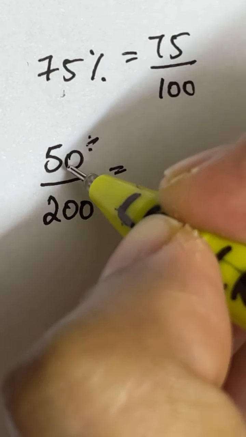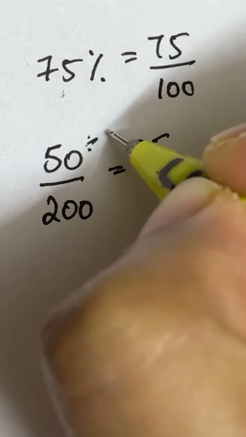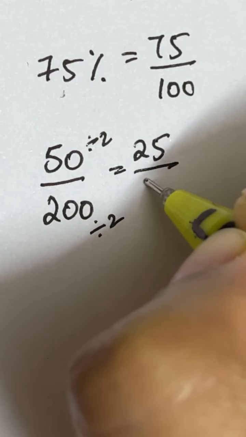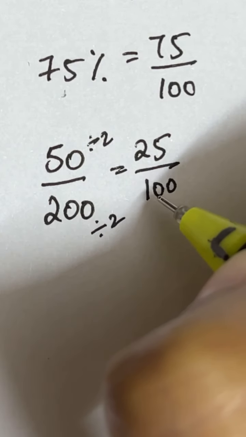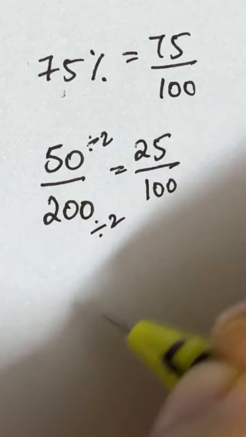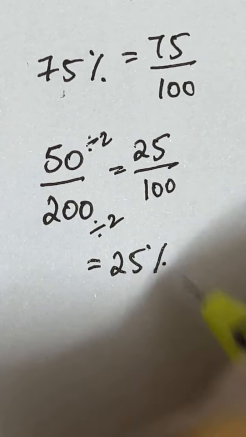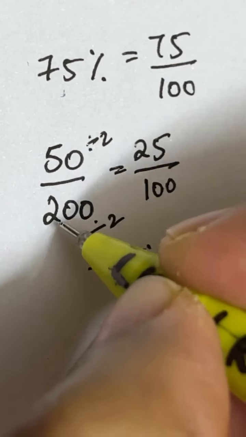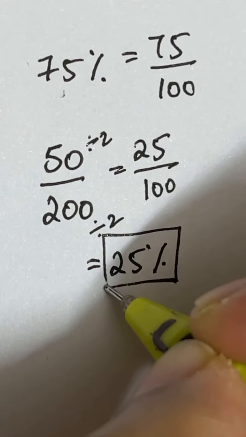Half of 50 is 25, and half of 200 is 100. So that's just 25 per 100, that means 25 out of 100. That means it is 25% marks. If she got 50 marks out of 200 marks, that means her percent is 25%.